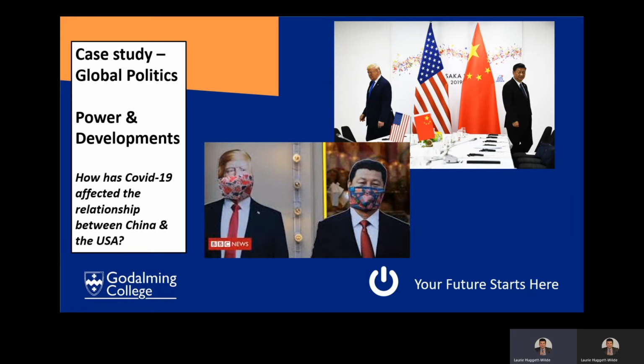Arguably, this change in situation caused by coronavirus and the lack of leadership that Trump has provided has given China and their president, who is shown here, called Xi Jinping, the chance to replace America. Are people going to start looking to China for leadership rather than America?